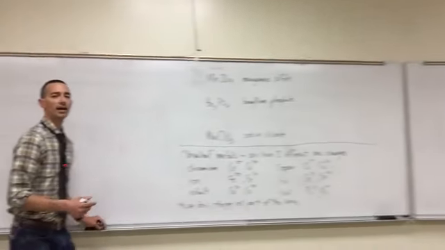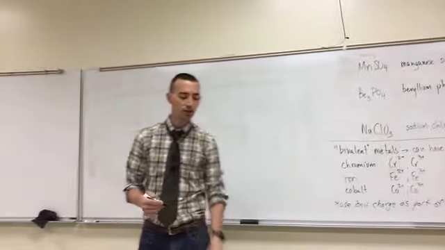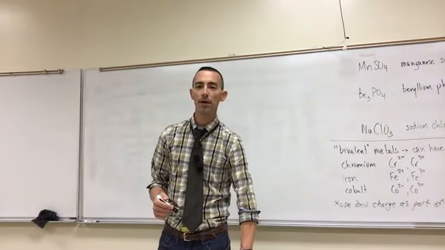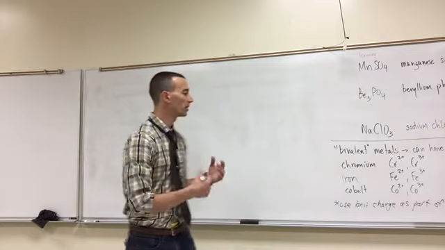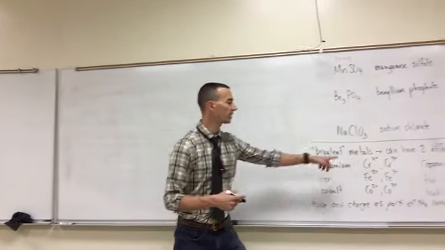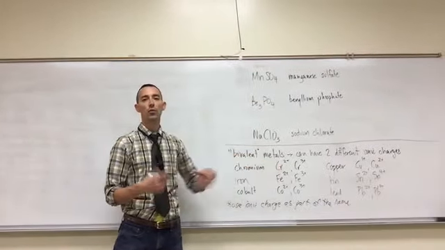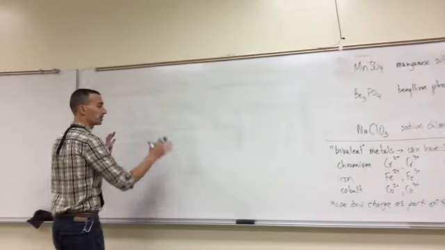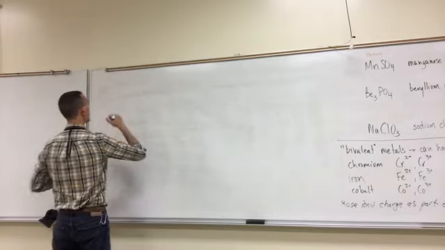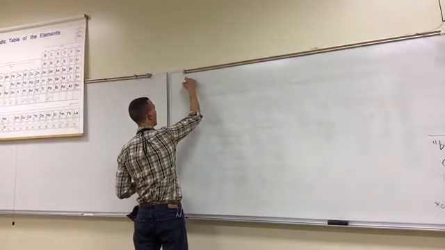Before I can show you that, though, I think I need to show you how we come up with the formula of an ionic compound so that you'll understand how to figure out which charge you actually have. All right? So we're going to be sort of jumping back and forth between names and formulas right now.